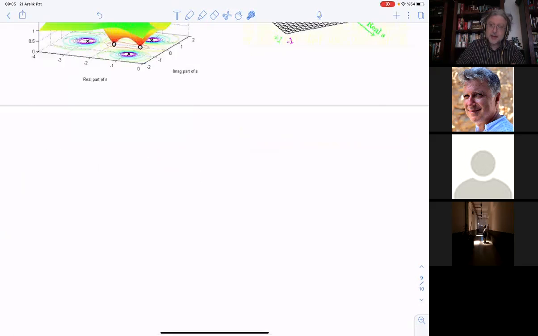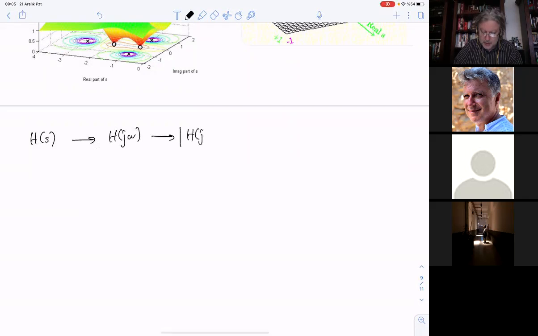Because, as these figures are already indicating, these may be H of s. From those, if you substitute s equal to j omega, I'm just assuming that the Fourier transform exists, I will have H of j omega. And from that, I will take the magnitude and look at the magnitude of H of j omega. We know that this is an important thing for filters, because it gives you the frequency passing characteristics.